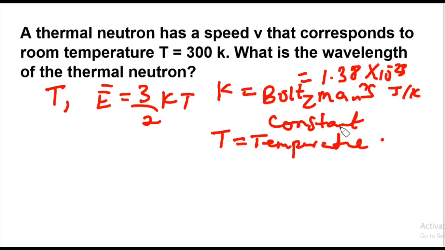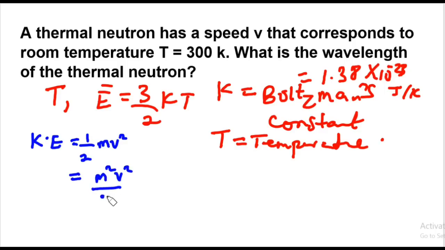It's a constant. So recall that kinetic energy is given as half mv squared, which we can reconstruct as m squared v squared upon 2m.